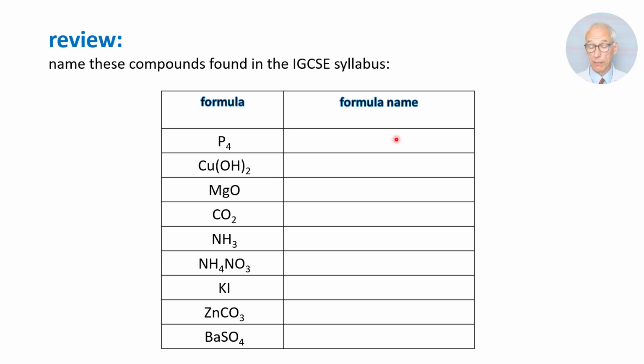Okay, so P4, simply named as the element phosphorus. The numbers of atoms in the molecule is not included in the name. Cu(OH)2, that's copper hydroxide. We've got OH hydroxide, copper hydroxide.